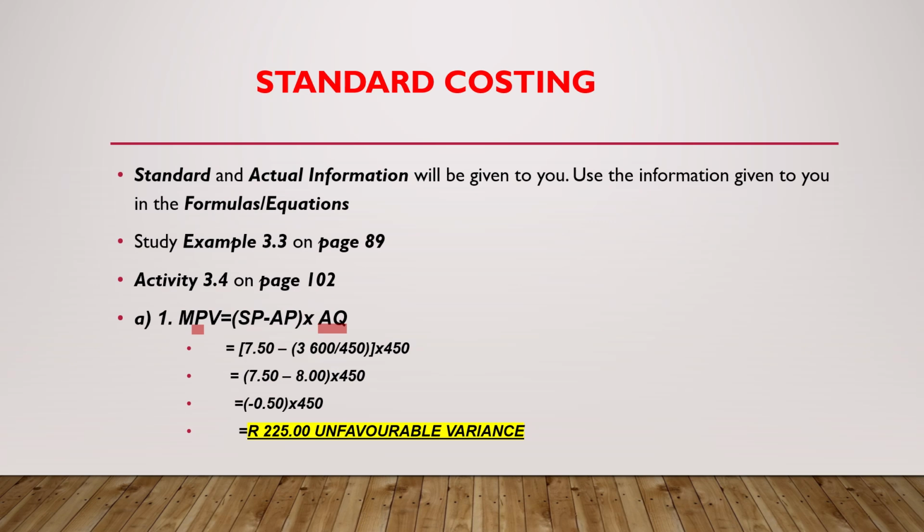So 750 minus 8 rand equals minus 50 cents times 450, so we have minus 255 rand unfavorable variance. The moment you see the answer is minus when you compare these two, it simply means your variance will be unfavorable. Okay, I hope that is clear. Let's go to the next slide.